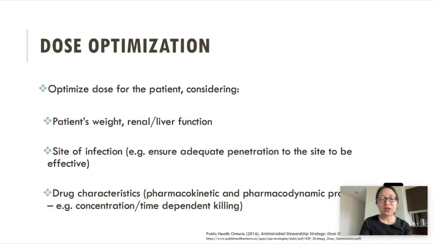Therefore, it is important to optimize the antimicrobial dosing to the patient's characteristics such as their weight, renal and liver function, to the site of infection, such as making sure that the dose that we give will reach the site of infection in adequate concentrations to be effective, and to the drug's characteristic, such as considering its pharmacokinetics and pharmacodynamics characteristics, such as whether it exhibits concentration or time-dependent activity.